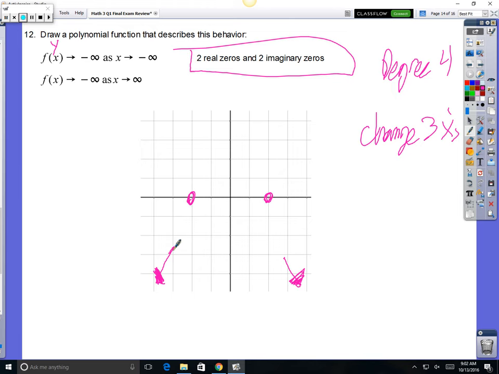So you could go once, there's 1 change, boom, 2 change, 3 change. You have got to have 1, 2, 3 changes. So it has to be pretty much an M. It has to look like an M. Okay.